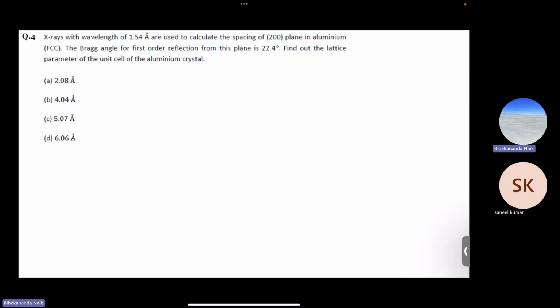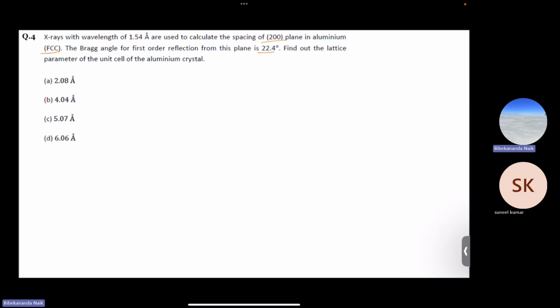So this wavelength of X-rays is being used to determine information about the crystals. The plane is given, it is the 200 plane. Aluminum has an FCC structure, and the first order reflection comes at the Bragg angle, which is 22.4 degrees. We need to find out the lattice parameter of the unit cell.